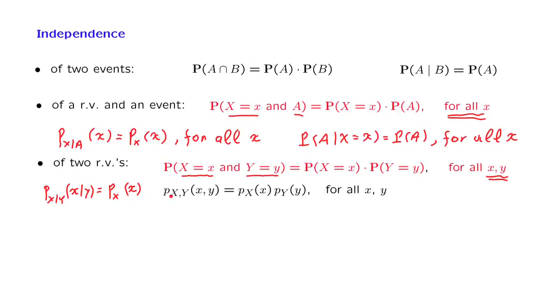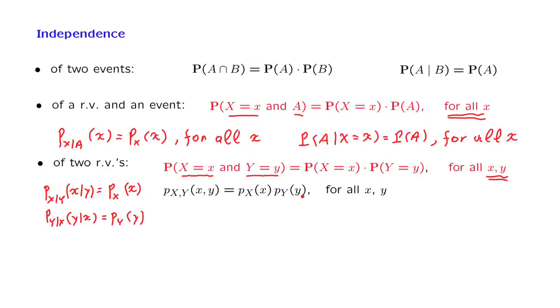There is also a symmetric interpretation, which is that the conditional PMF of Y given X is going to be the same as the unconditional PMF of Y. We have the symmetric interpretation because, as we can see from this definition, X and Y have symmetric roles.